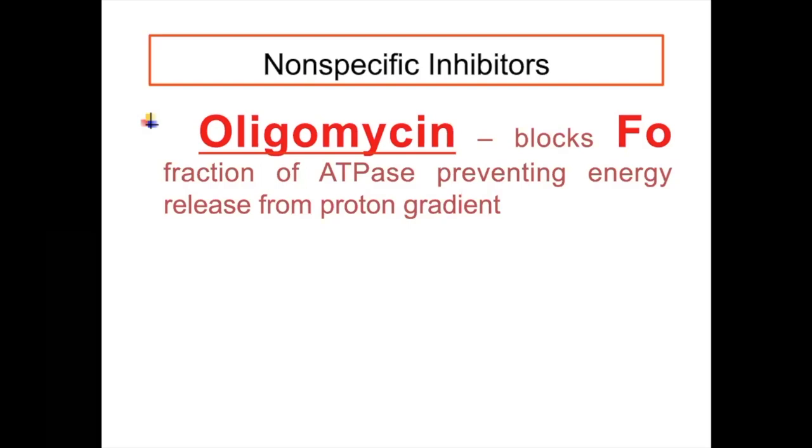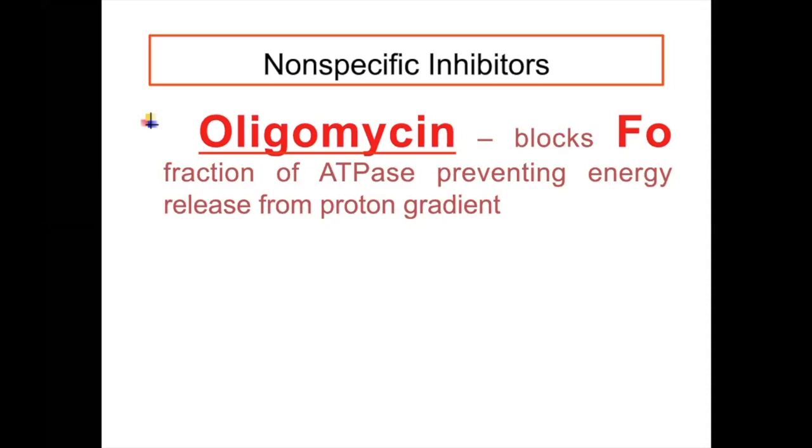So let's go back. What blocks complex 1? Rotenone, barbiturates, amytal. What blocks complex 2? TTFA. And what do we call those compounds that allow oxidation to occur, however, there is no synthesis of ATP?